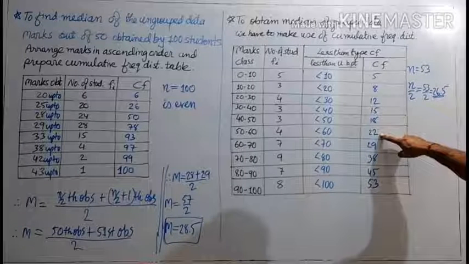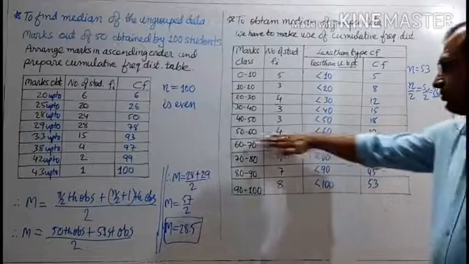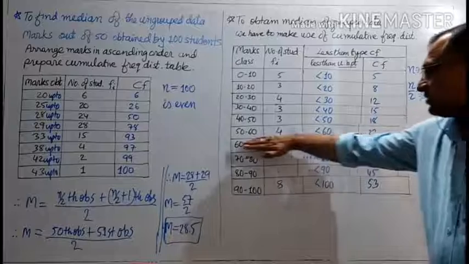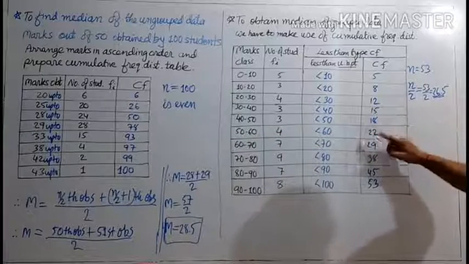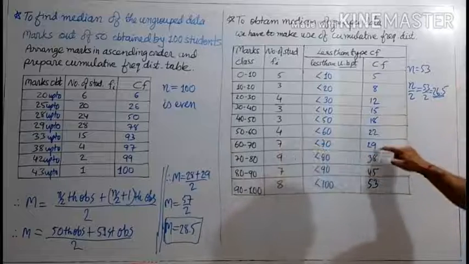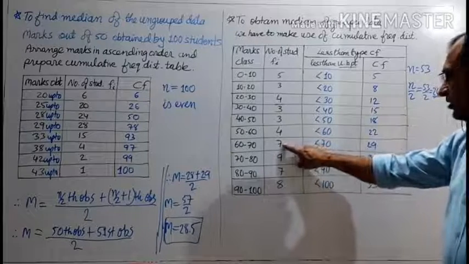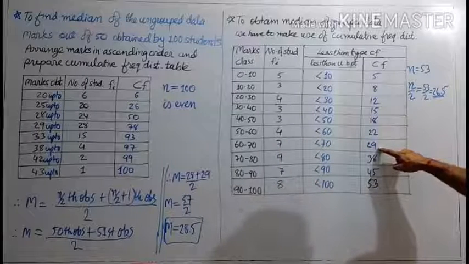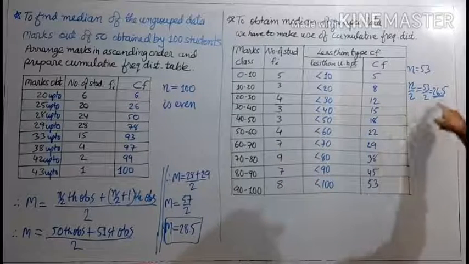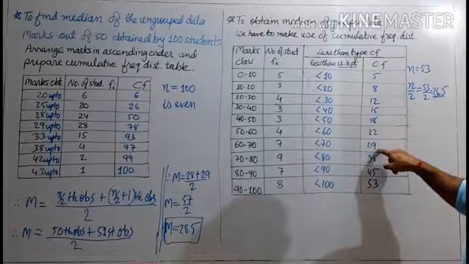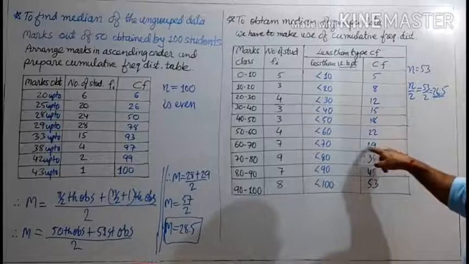There are already 22 students having scored marks up to 60. Is it clear? Less than 60 there are 22. Then from the 23rd student onwards, the remaining 7 students, that is 22 plus 7, the 23rd to 29th students. So 26.5 comes in this range, after the 22nd and before the 30th.